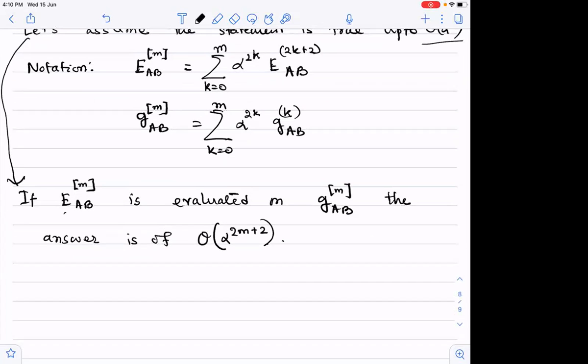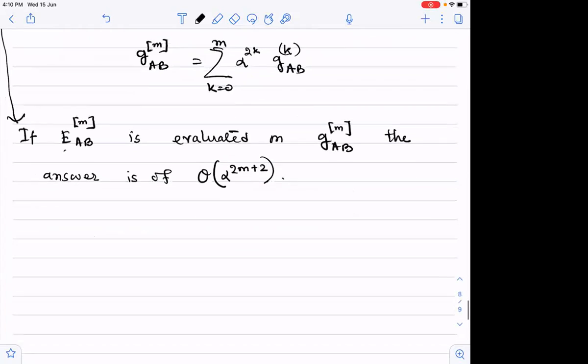So this statement means this: E_AB may be evaluated on G_mAB.